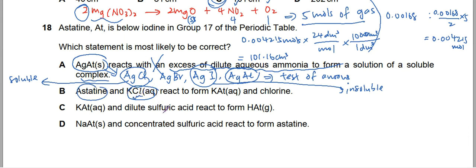the chloride ion. The displacement can only happen if astatine is more reactive than the chloride, basically displacing the chloride. But in this case astatine is less reactive than chloride because going down group 17, the reactivity of the elements decreases, because the atomic radius is increasing.